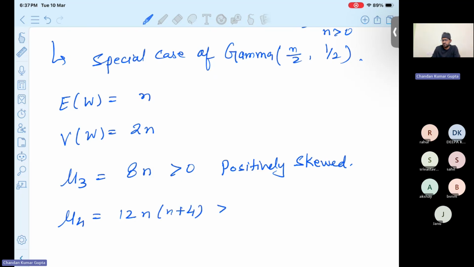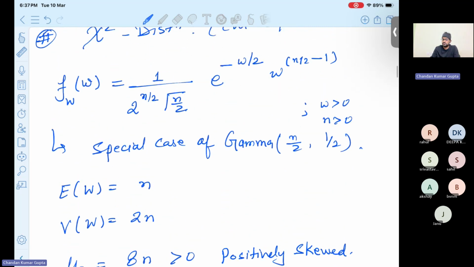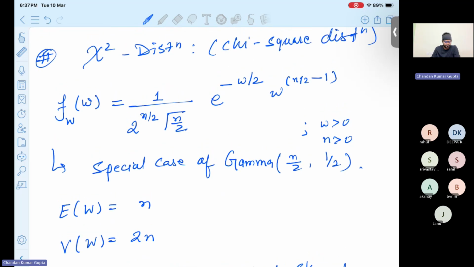Again, it is greater than 0, so it is leptokurtic. Leptokurtic is the peaked kind of curve, not flat or normal. So these are the descriptions of the chi-square distribution.